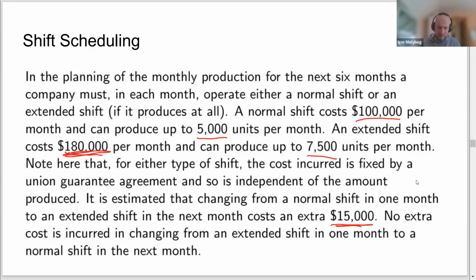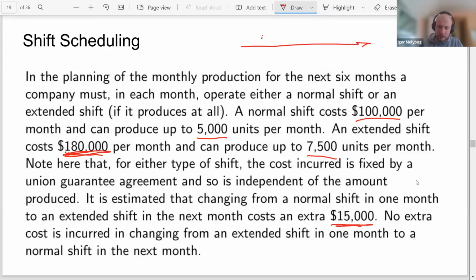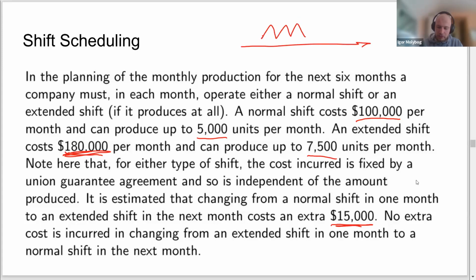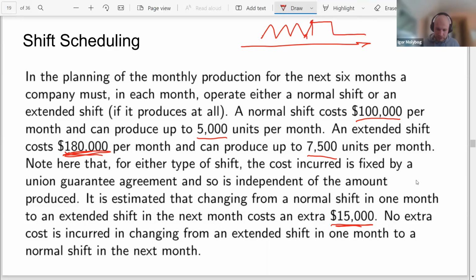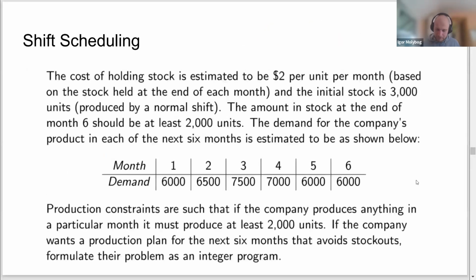So we can basically view it as over time we either go and continue on an extended shift, or we go to a normal shift and then continue on a normal shift. And shifts from normal to extended would incur a loss of extra $15,000.